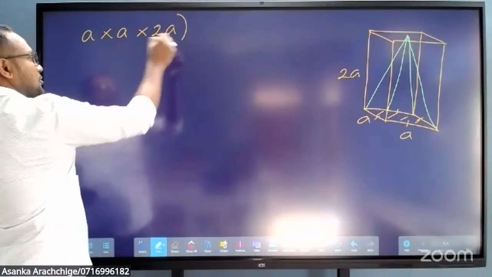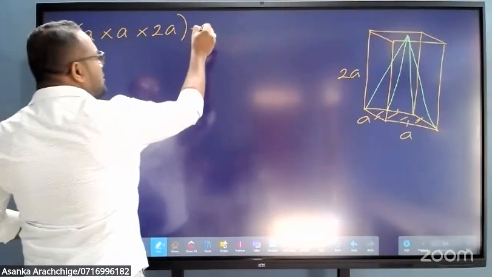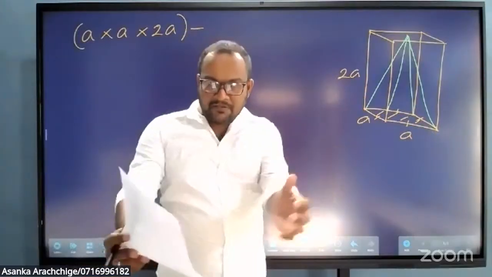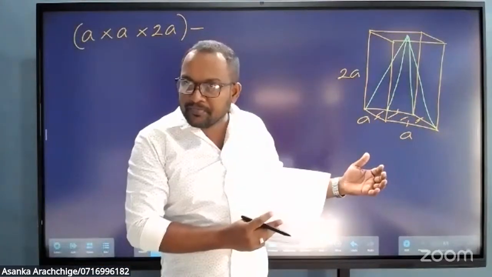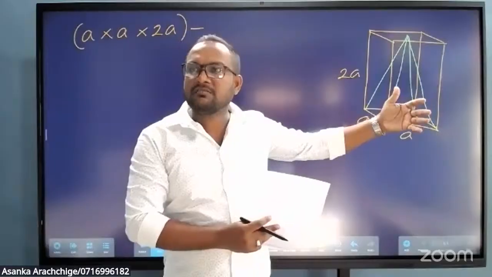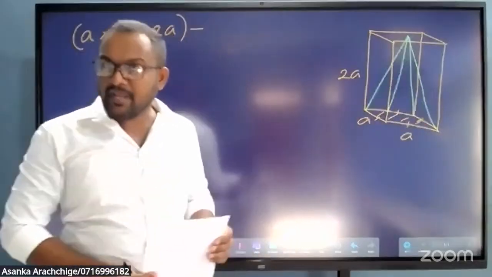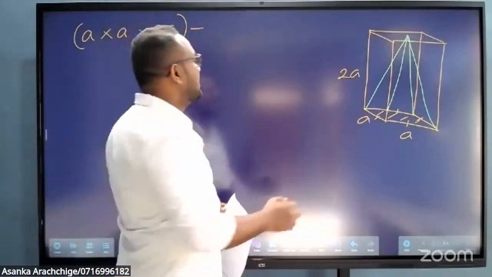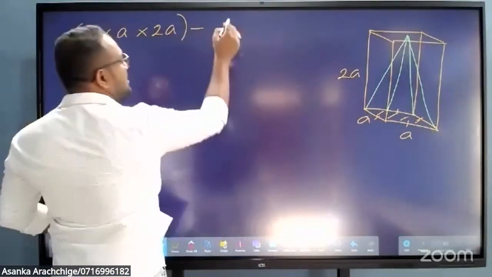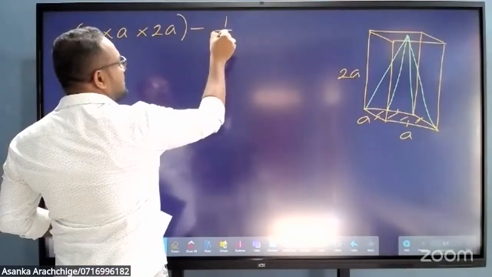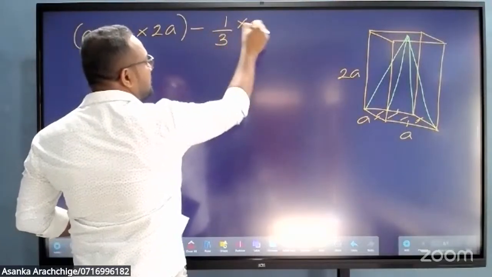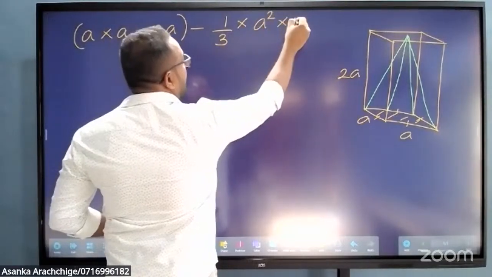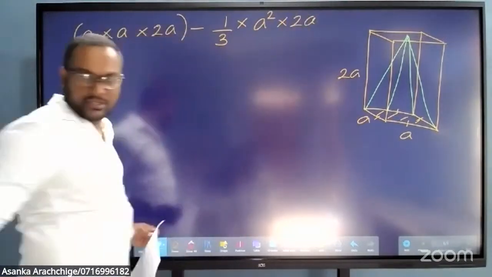From this volume, we need to subtract the volume of the pyramid that we cut and remove. Understood? Then that is equal to the volume of the remaining metal. Volume of the pyramid which is cut and removed is 1/3 into area of the base into perpendicular height.